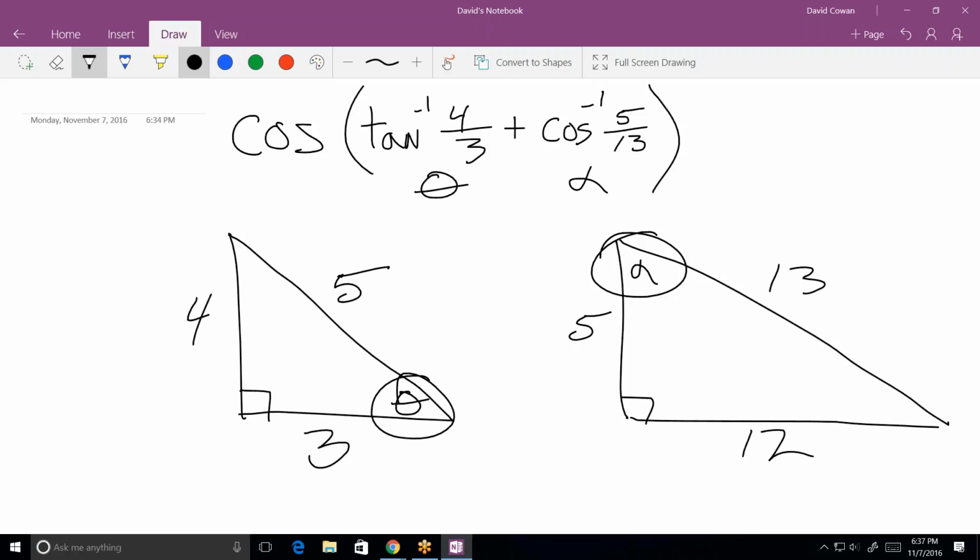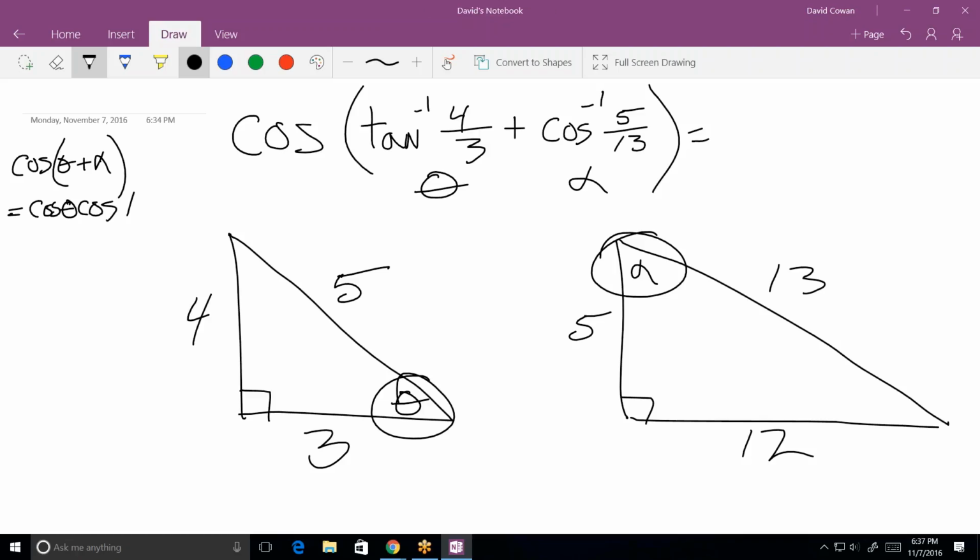Okay, so let's start up here in the upper left. I'll try to write small. So cosine of theta plus alpha, that's my problem, right? Yep. What's that equal to? What's the trig identity? Isn't it cosine theta sine alpha?